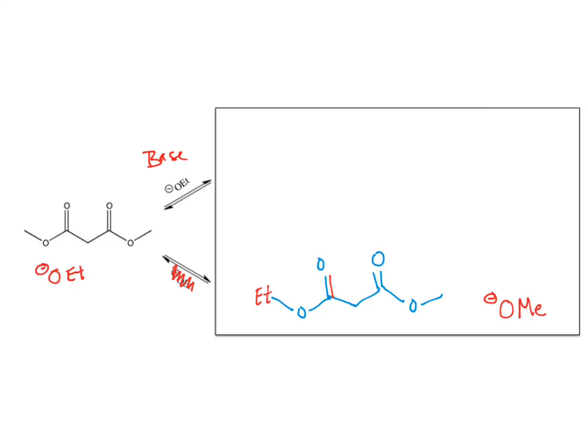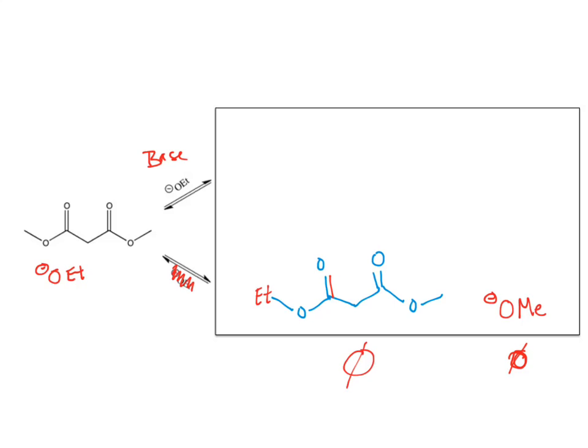What did we do to run this reaction? We took A, our starting material, and ethoxide, and we mixed them together. How much methoxide did we add? None. Which means our initial concentration of this species is 0. Which way does our equilibrium favor?